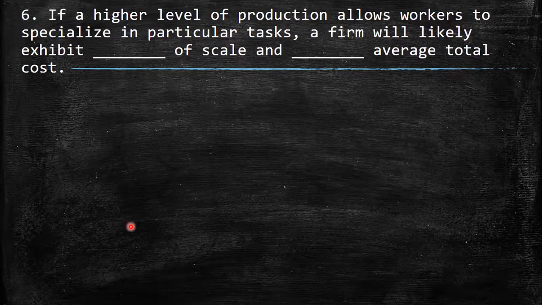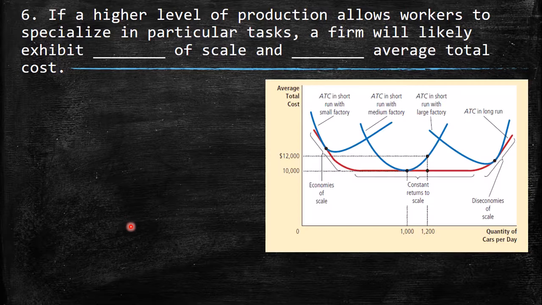The last one is about if a higher level of production allows workers to specialize in particular tasks, a firm will likely exhibit economies of scale and diminishing average total cost. So we need to remember our different costs in the short run and in the long run. So when we talk about economies of scale or constant returns to scale, we are talking about the long run.